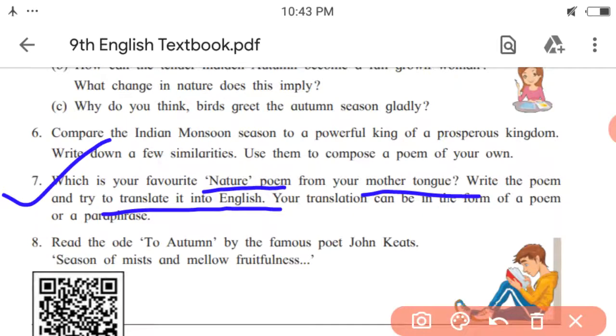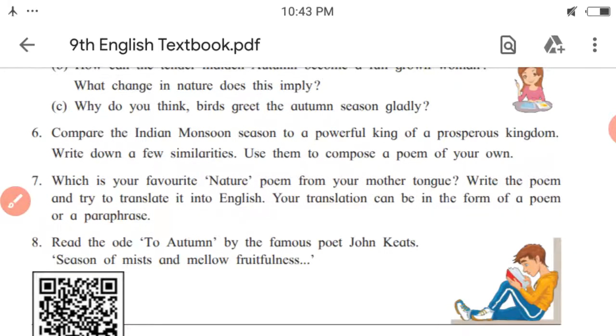Your translation can be in the form of a poem or a paraphrase. As it is, you can translate into the form of a poem, or you can translate it as a paraphrase. What is a paraphrase? The sentences formed by converting the lines in the poem.